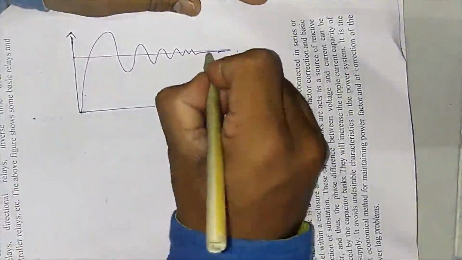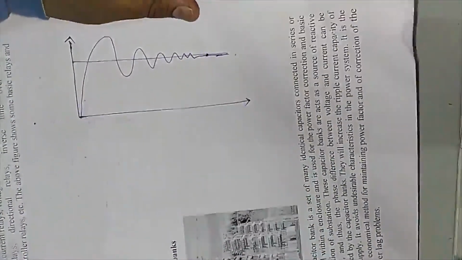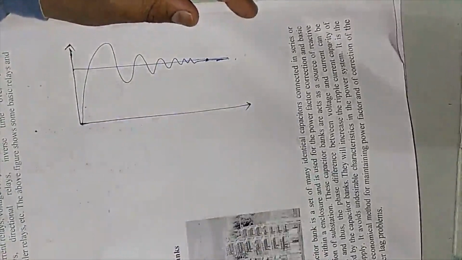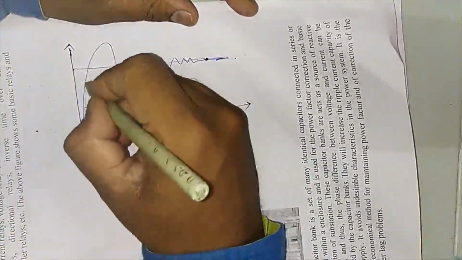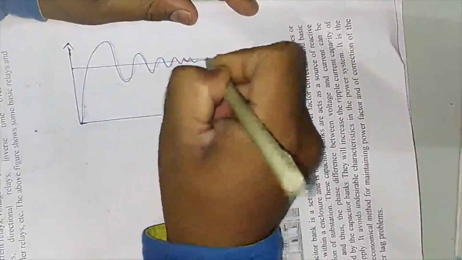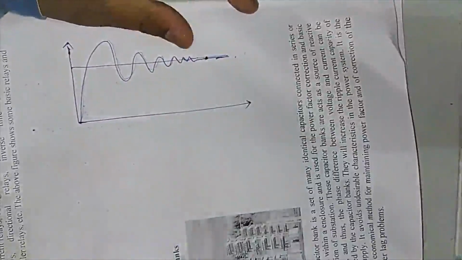Okay, after some time your system becomes stable. But we are interested in this. This is your transient response. So we will be having some frequency of oscillations over here also. Now what is actually happening in your closed loop control system?